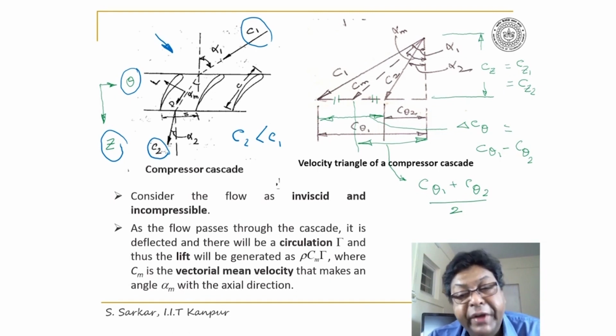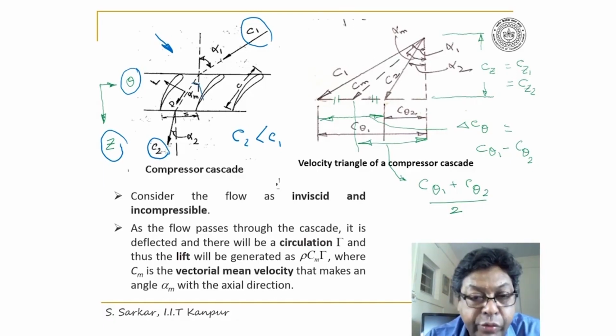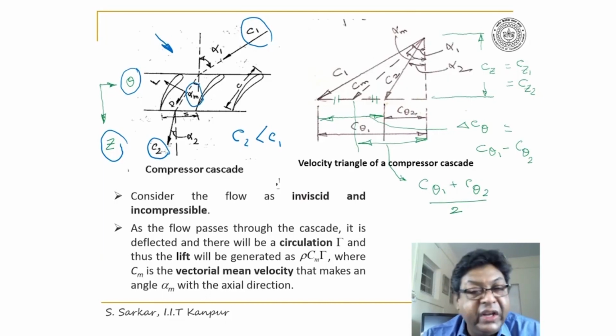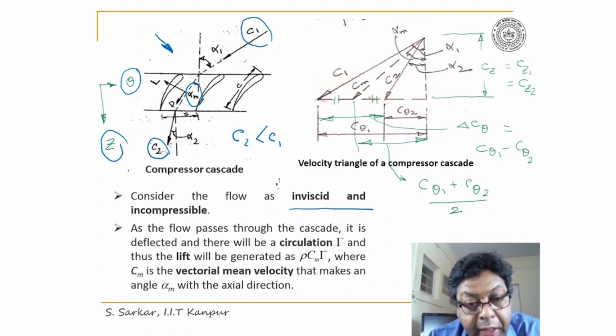and Cm is the vectorial mean velocity, which I'll define in a minute, that makes an angle alpha m with the z-axis. As for the definition, lift will be perpendicular to the vectorial mean velocity, and drag will be along Cm. Now let's first consider the flow is inviscid and incompressible.